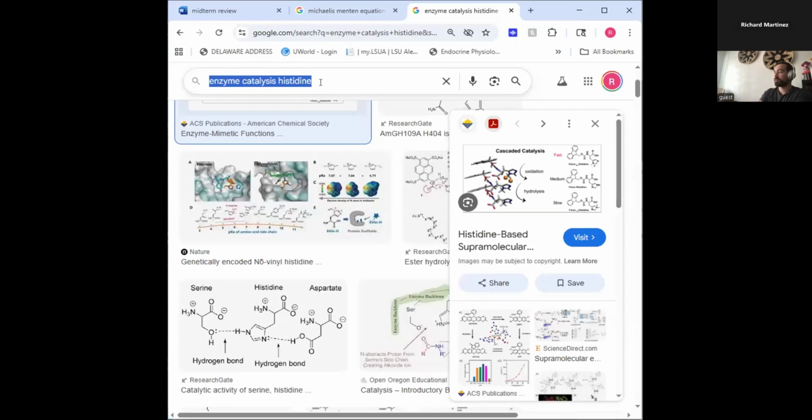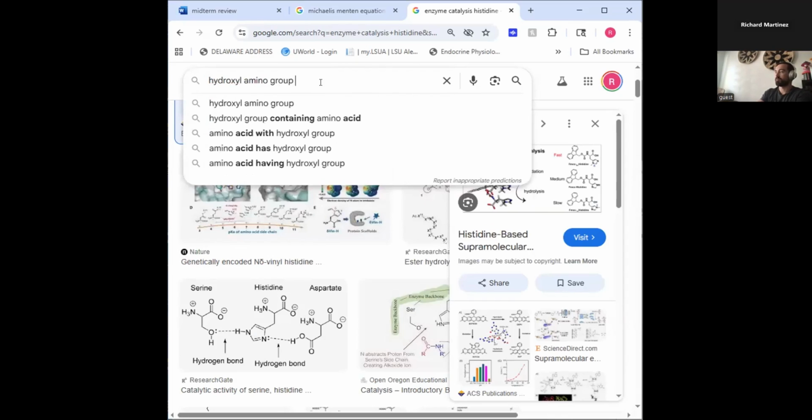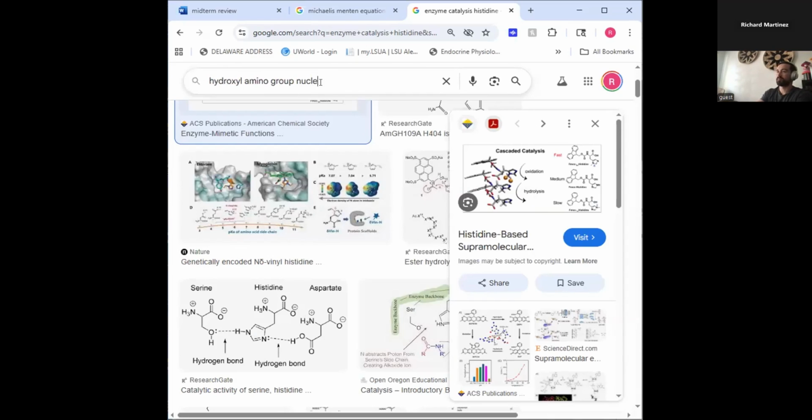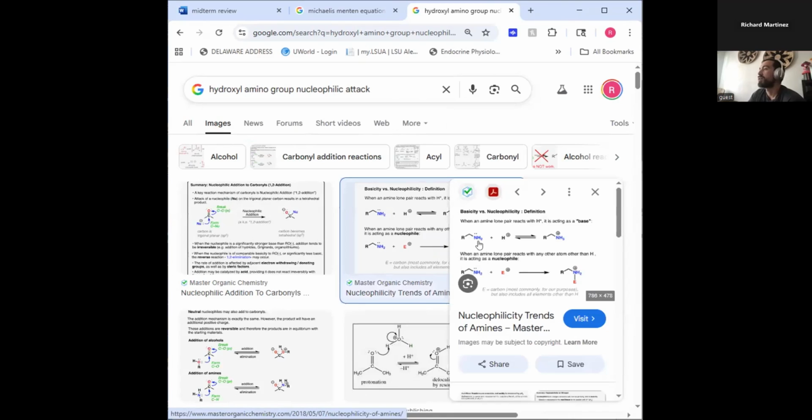Not to be too specific, but we'll see here. This R group, an NH2 plus a proton, now becomes NH3. Okay. So it attacks.